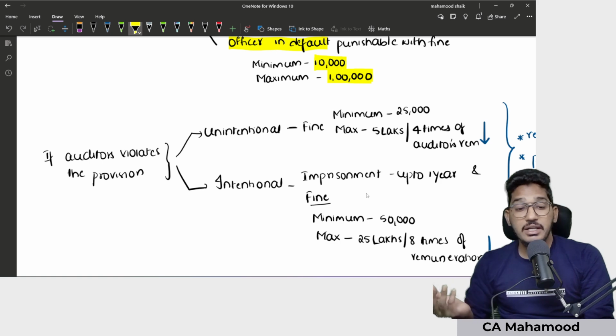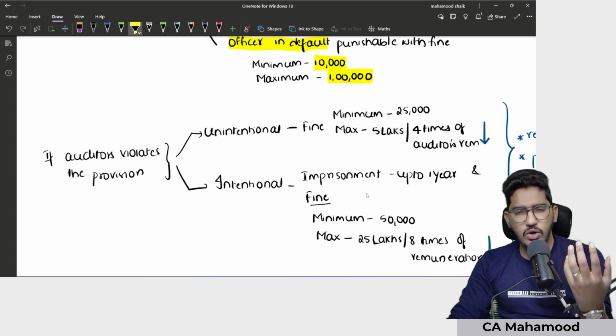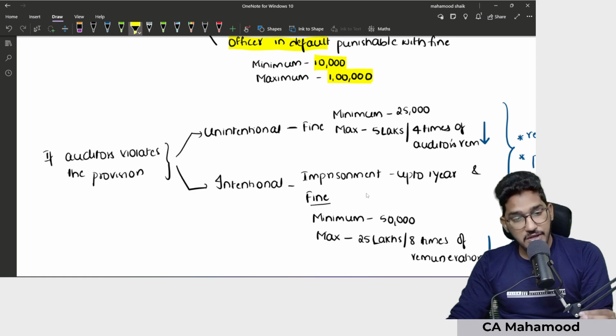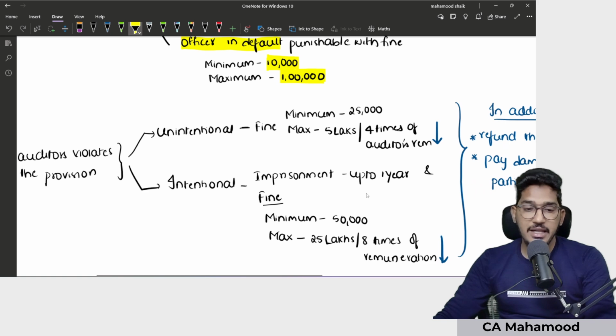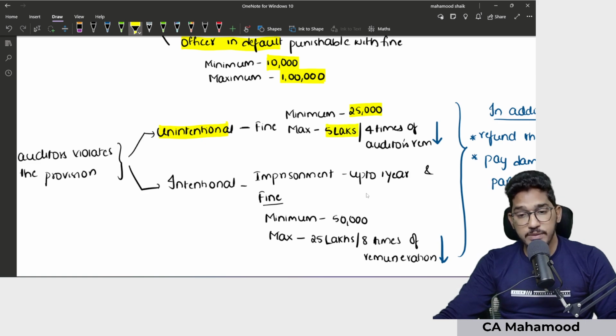In case the auditor himself violates the provisions, where the company did not make any non-compliance but the auditor himself has violated some provisions, like he performed Section 144 services, or he did not follow some mandatory filings with the government, and if the violation is unintentional, by mistake, then the auditor will pay a penalty of minimum 25,000 rupees, but it can go up to a maximum of 5 lakh rupees or 4 times the auditor's remuneration, whichever is less.